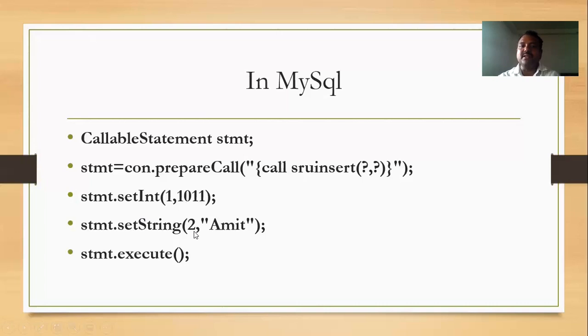We give the number as 2, and then we are going to use my string, and the name here I would like to store on the database is Amit. And then we are going to close my statement. Then for executing this particular statement on the database, now we are going to use the method called execute. So until I call this method execute, your particular procedure will not be invoked on your database.